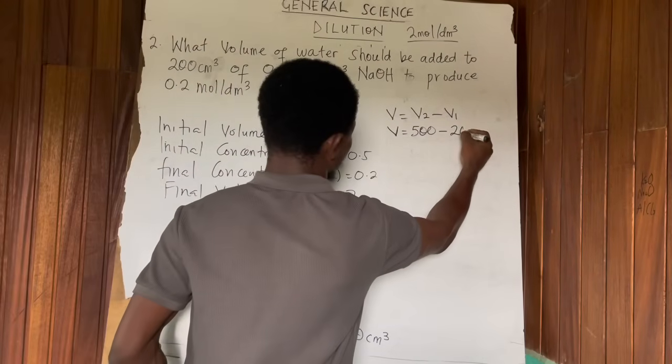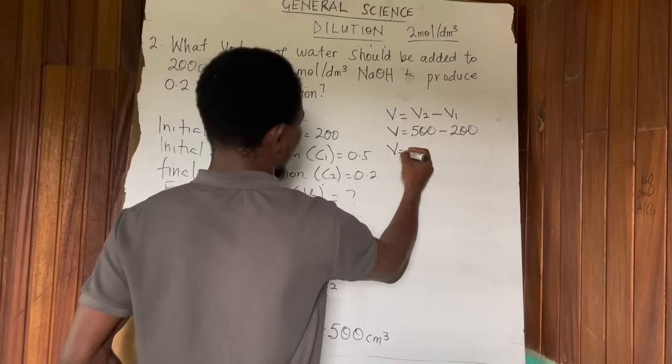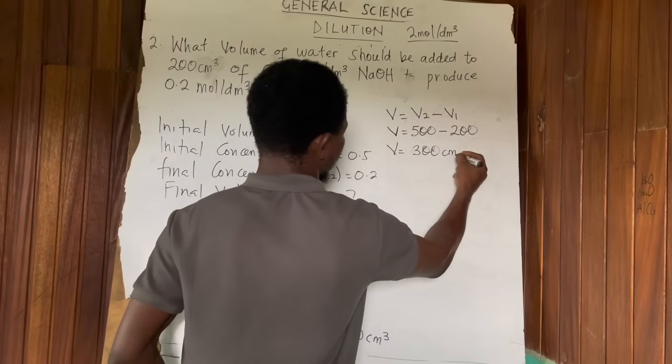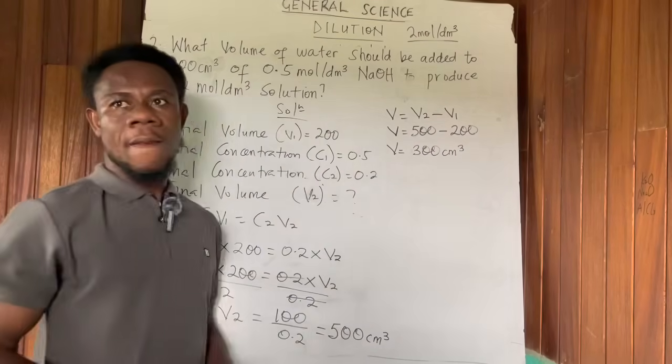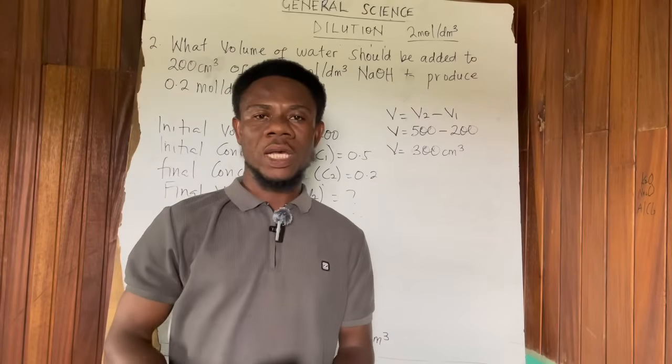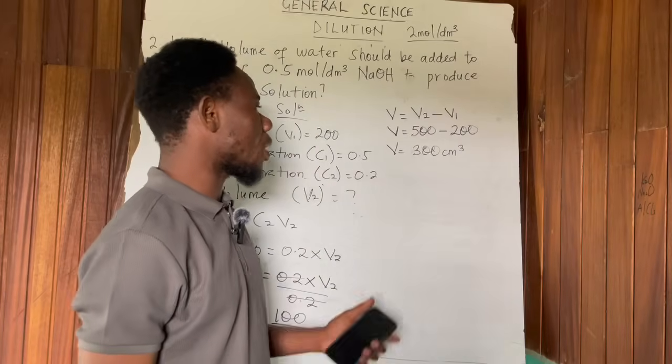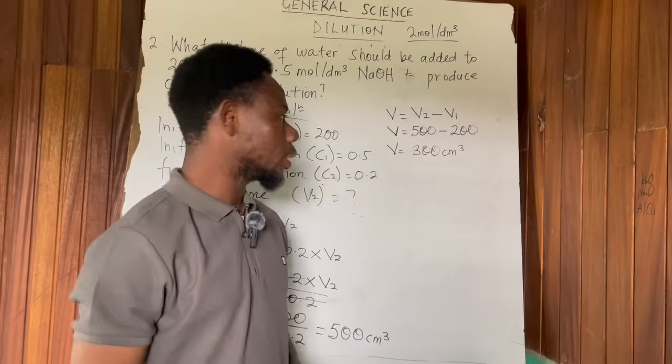Then we get our value as 300 centimeters cube for our amount of water which was added to the solution. Now let's use a different formula to find our amount of water which was added.